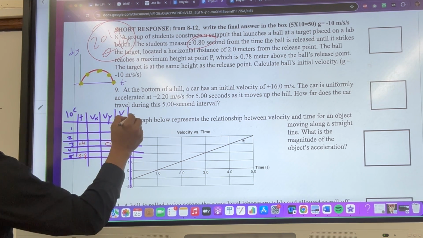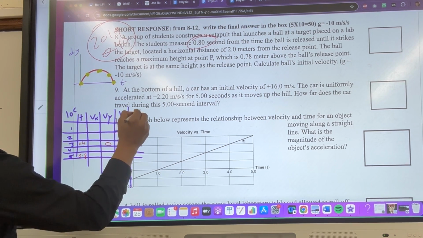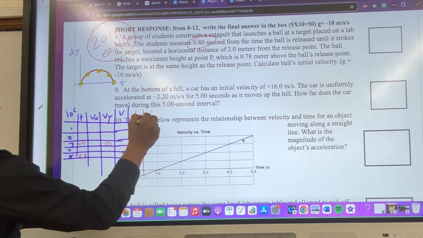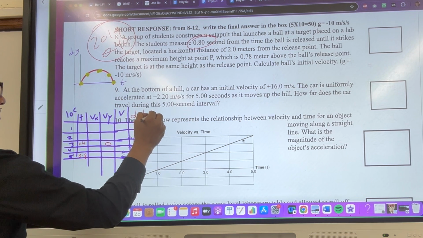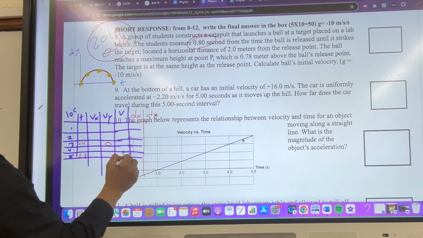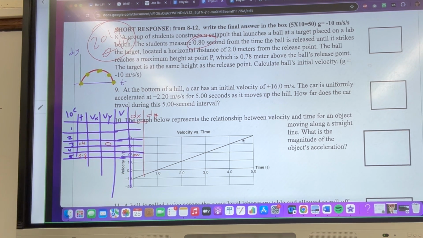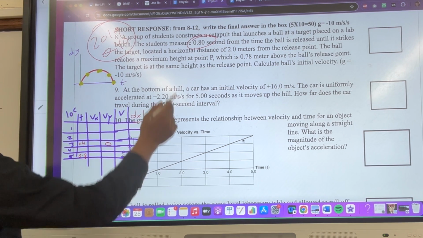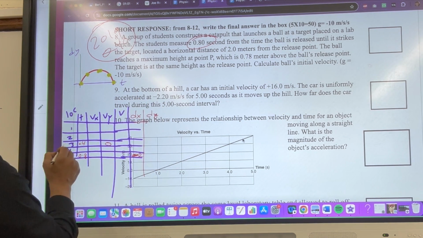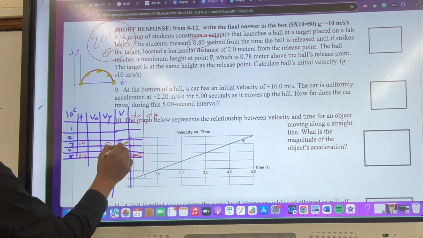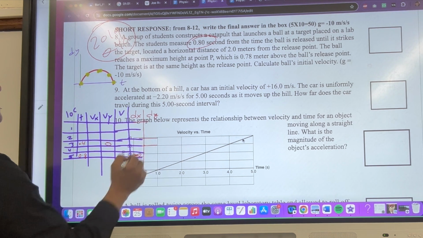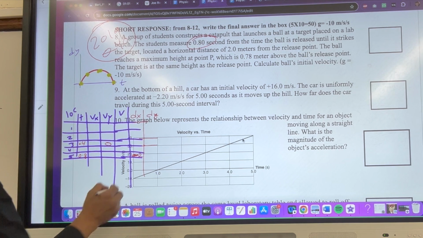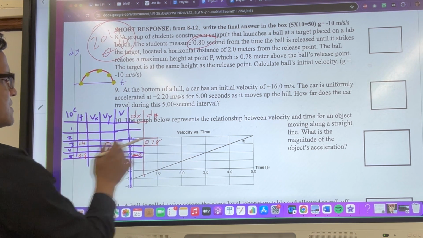So let's write dx and dy. dx at location 5 is probably given, this is 2 meters, and the maximum height at location 3 is 0.78. All right, so this is the problem.